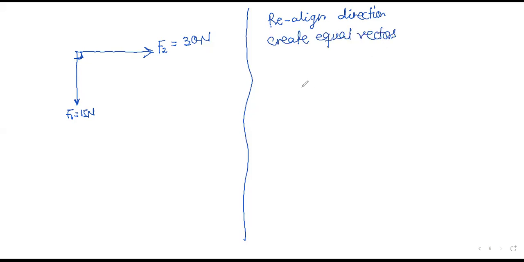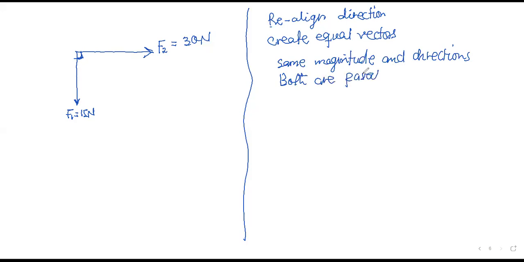Vectors are said to be equal no matter where they are, if they have the same magnitude and direction, and both are parallel to one another.